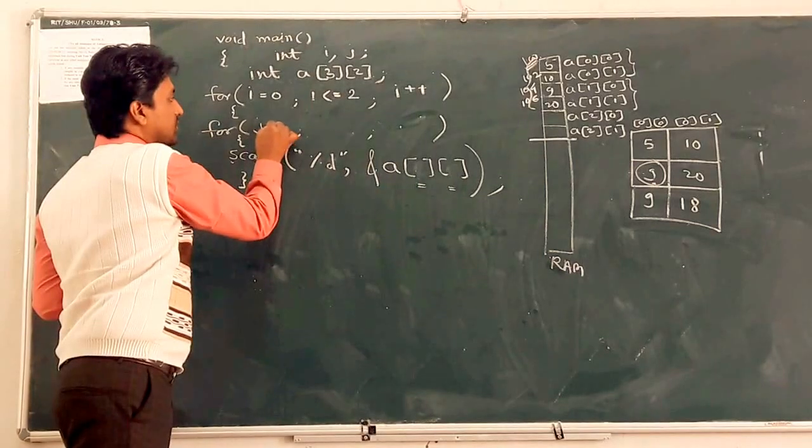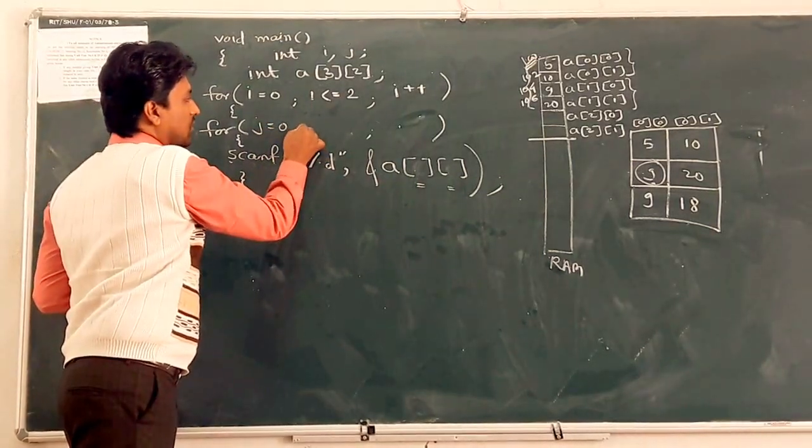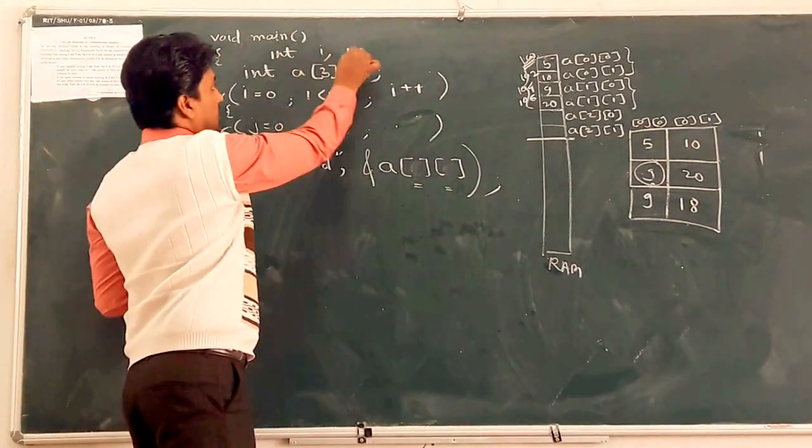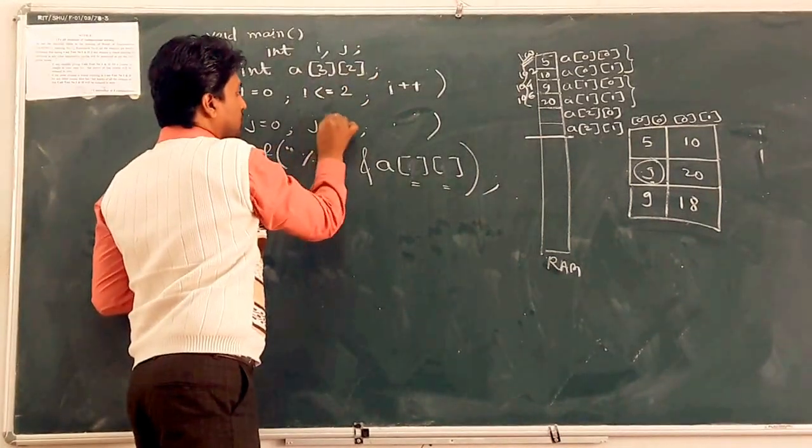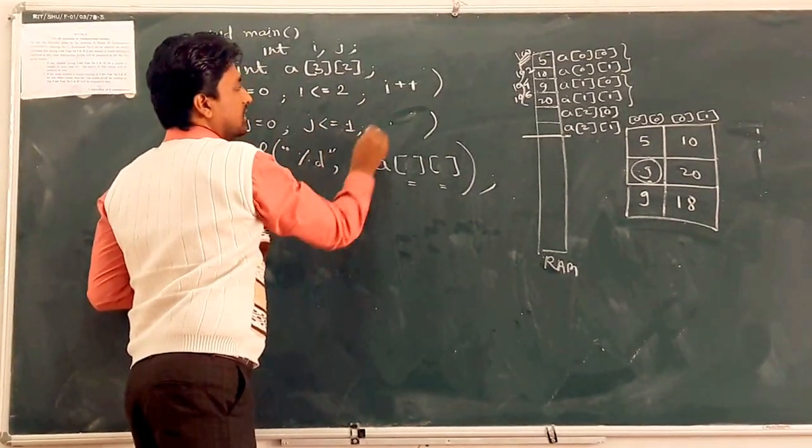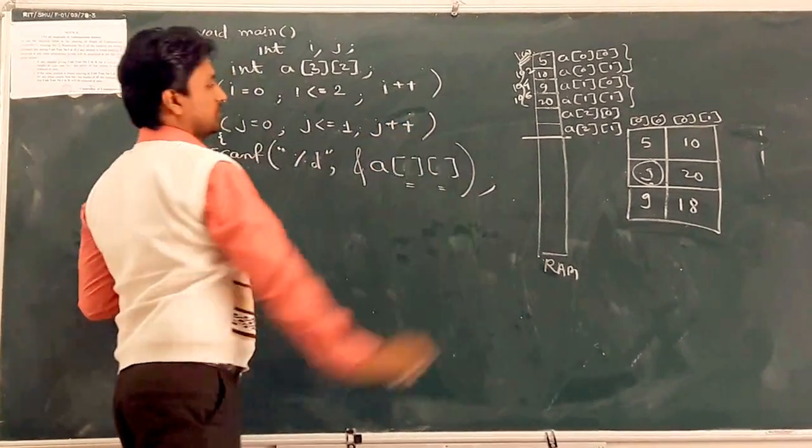Next j equal to 0, that is the column; number of columns are 2, so j less than or equal to 1 and j plus plus.